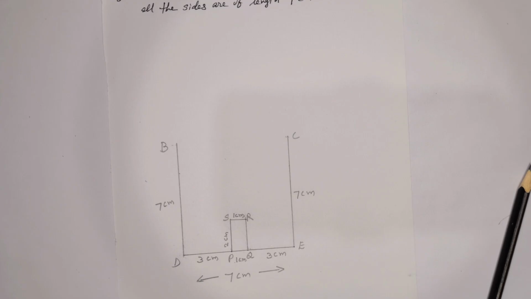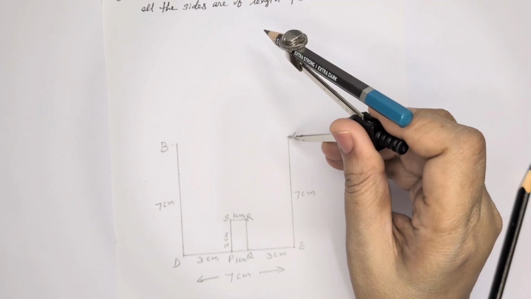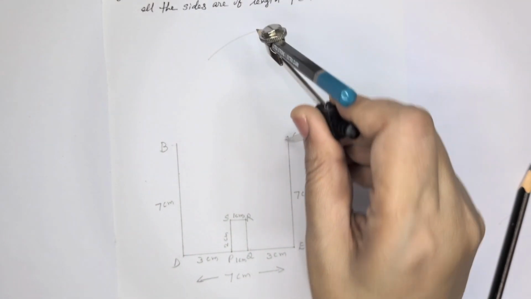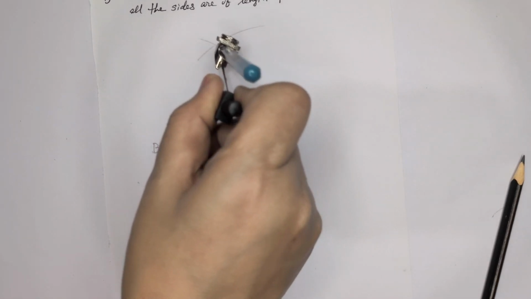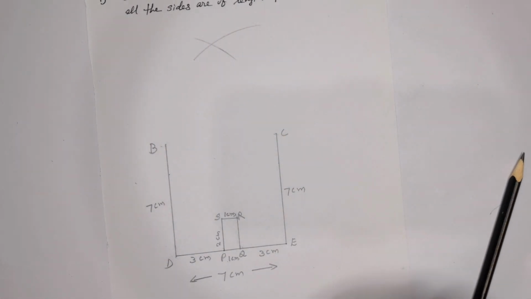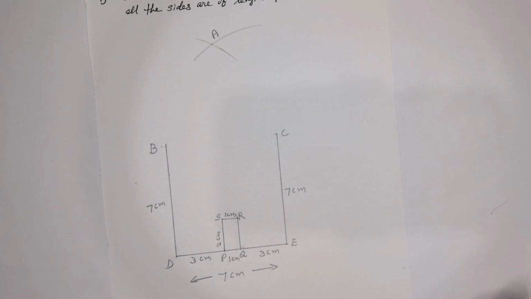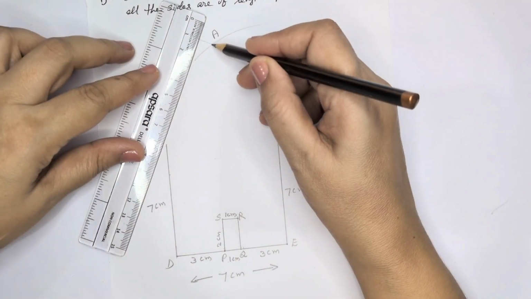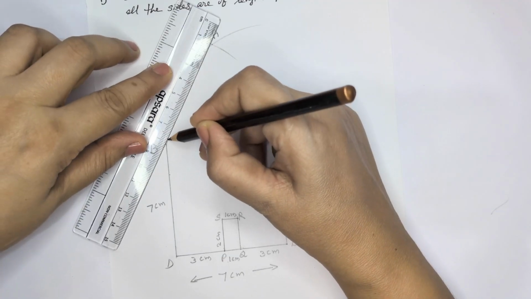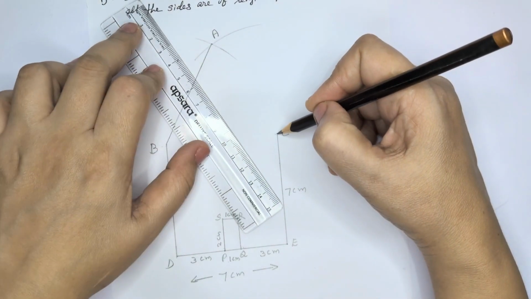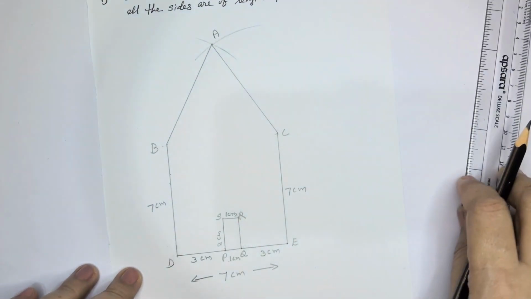Now we have to find the point A. For that, with the same radius, 7 centimeter, draw an arc from C as the center and also from B. That is the point A, this intersecting point. From there we can join B and C. Now we have to get an arc.